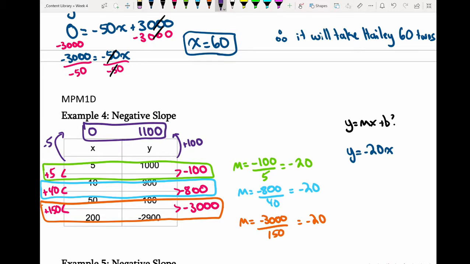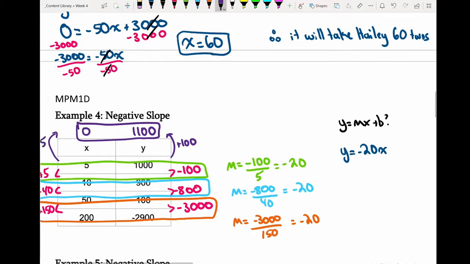Additionally, because we know what the slope is, we could say, okay, if I go back 1 in x, that means I have to go back 20 in y, right? Because for every increase of 1 in x, there's a decrease in y by 20. So if I decrease x by 1, I have to do the opposite and increase y by 20, and you can work your way back, or you could use that first change that we see there. So then that means my equation would be plus 1100.